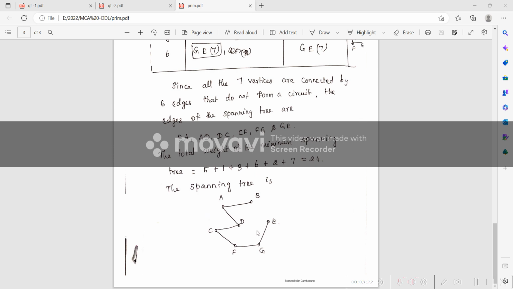All the vertices that are present in the connected graph are included in that tree. Then that tree is known as a spanning tree. So a tree consisting of all the vertices of a given graph is known as a spanning tree.